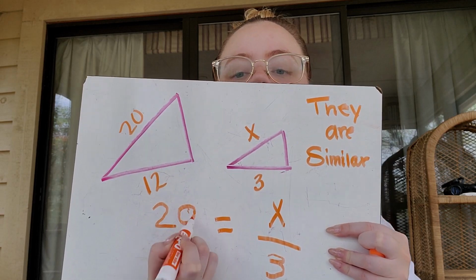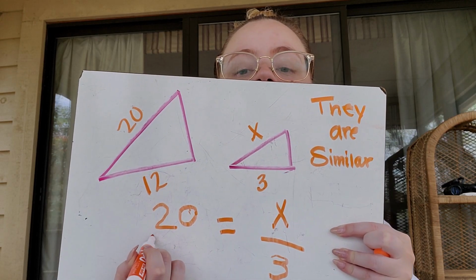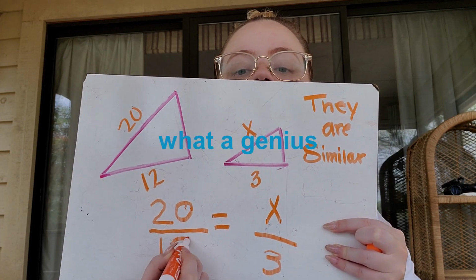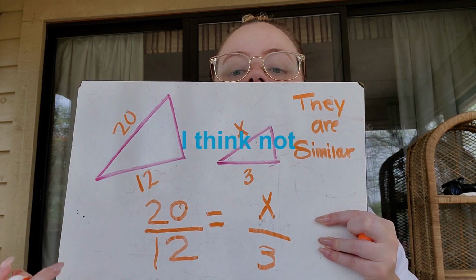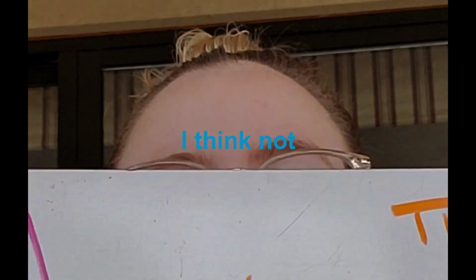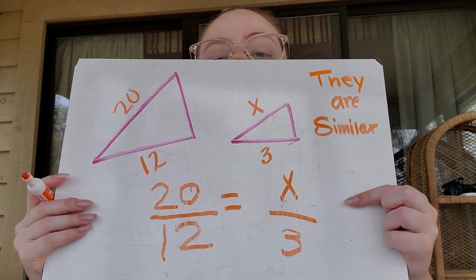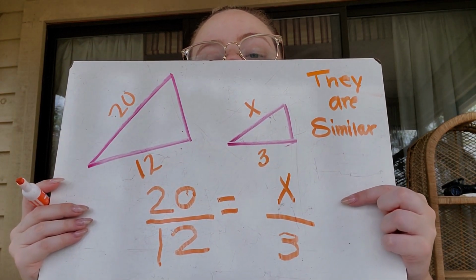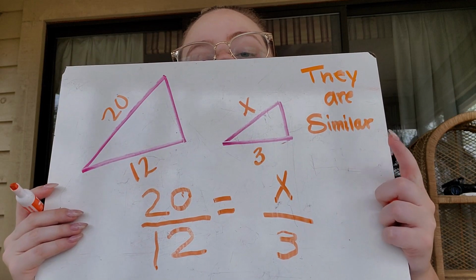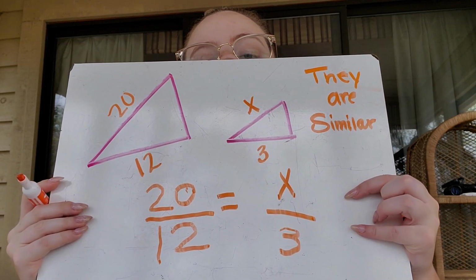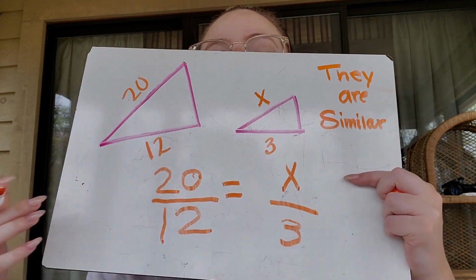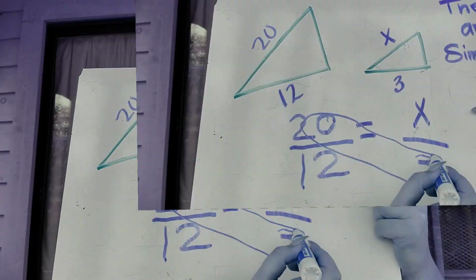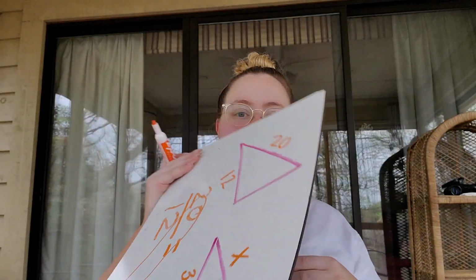I've done a lot of worse things in my life, so we are going to roll with this, okay? I am looking at the proportion of 20 over 12 equals x over 3. What do I need to do? It's very simple. Oh gosh, I'm starting this over.